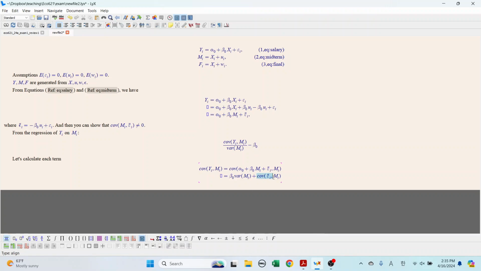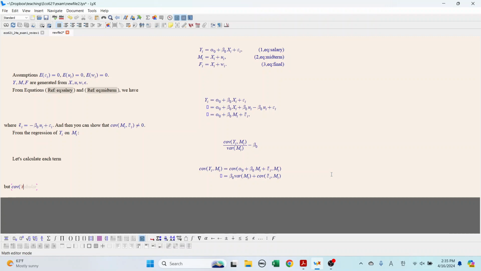And then now you can say that this is not 0. You can show that the covariance is the covariance between this guy and this guy.